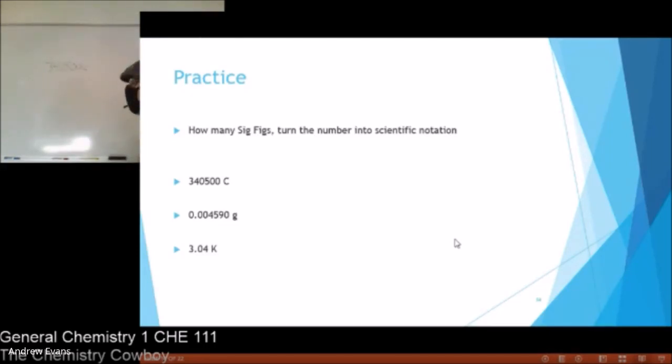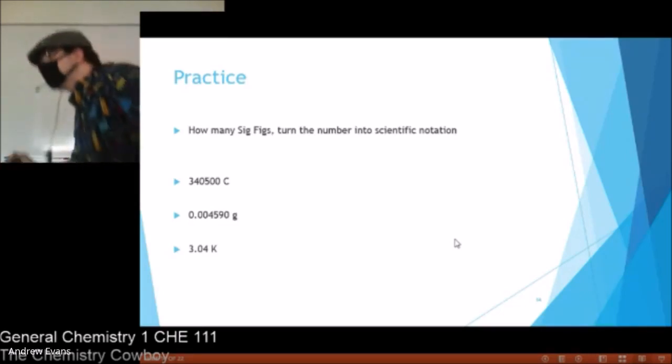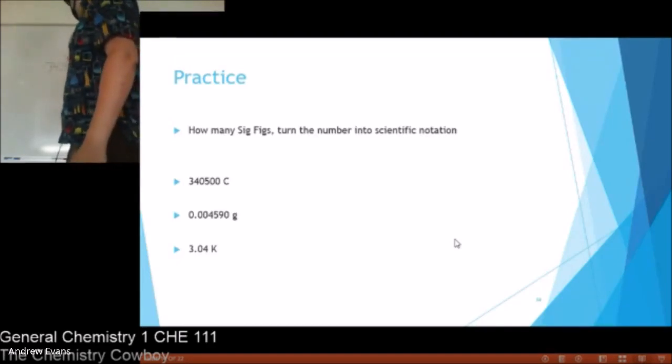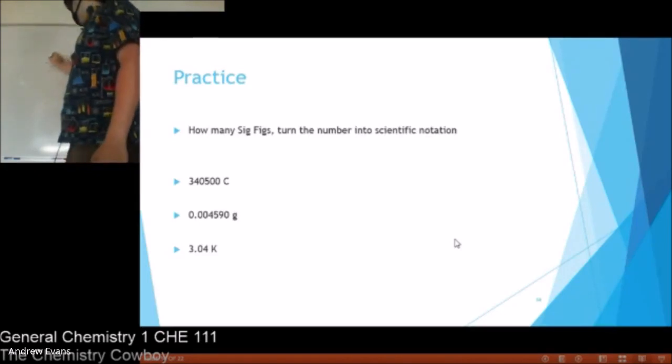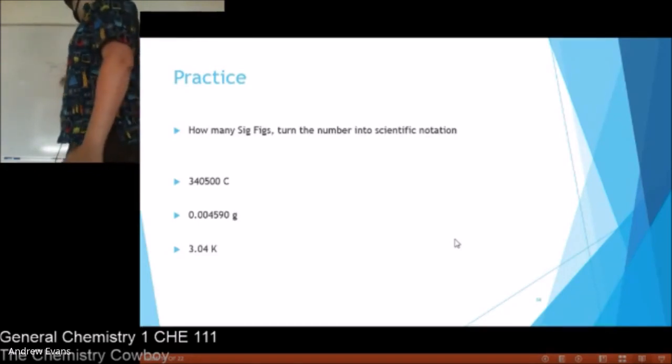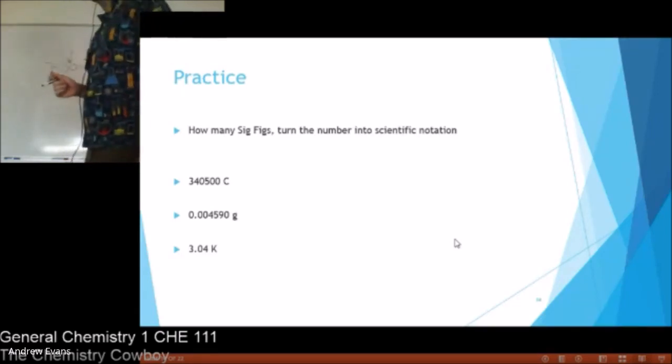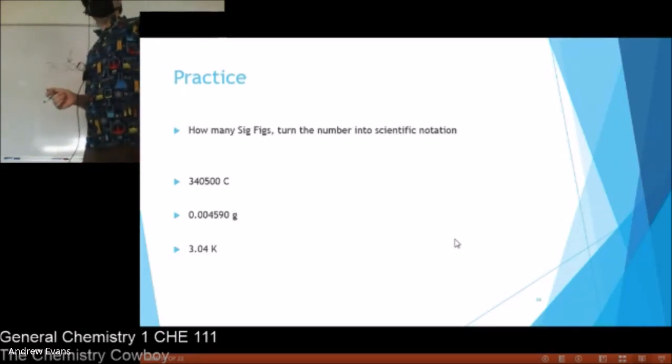It is a big number with no decimal, which means we take the last non-zero number and everything to the left gets counted. So that means we should have 4 sig figs.